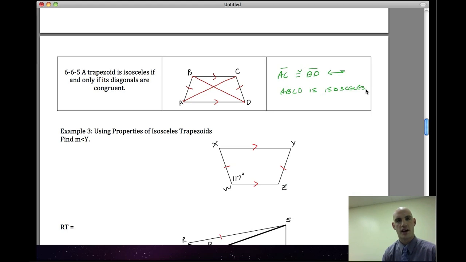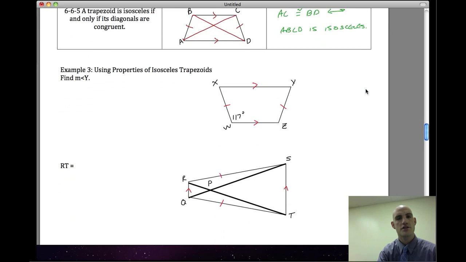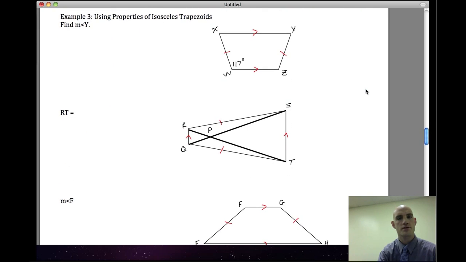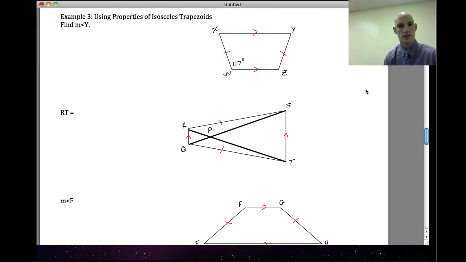So let's fulfill that second objective. Let's use the properties of isosceles trapezoids to find some measures and to solve some problems. We're going to find the measure of angle y. It's important that in an isosceles trapezoid, or if we're talking about any kind of trapezoid, we understand that two of the sides are parallel, which gives us a lot of things that we already know how to do.